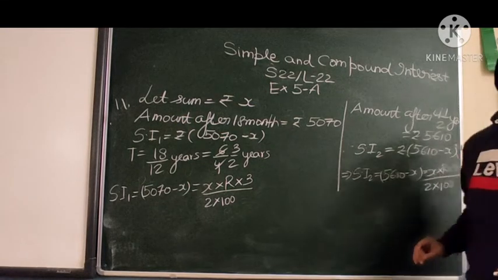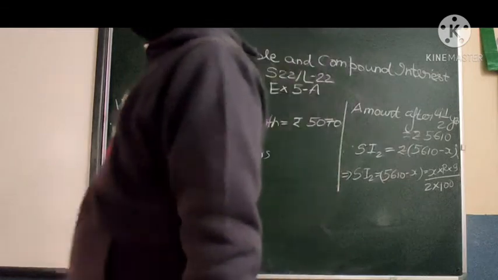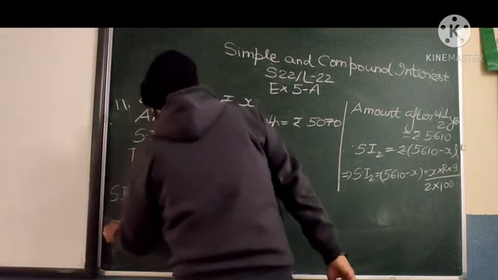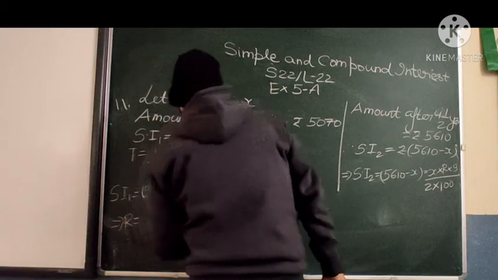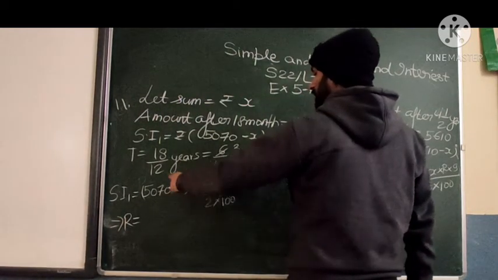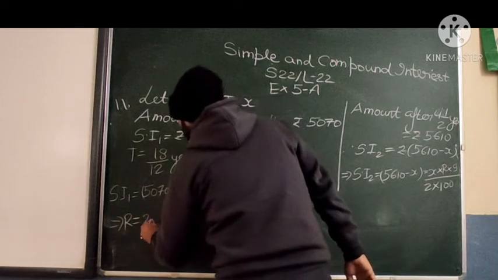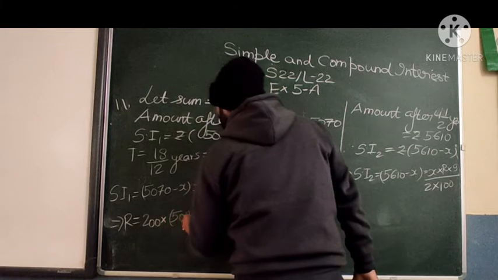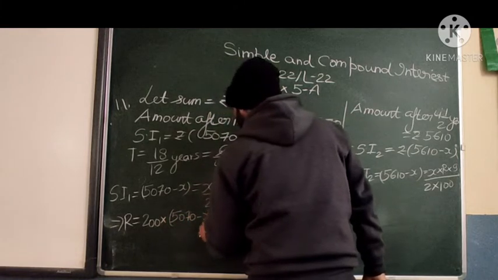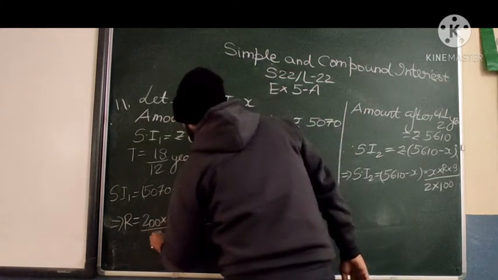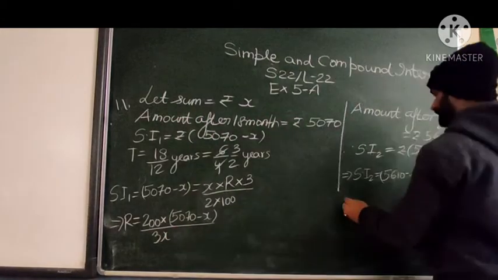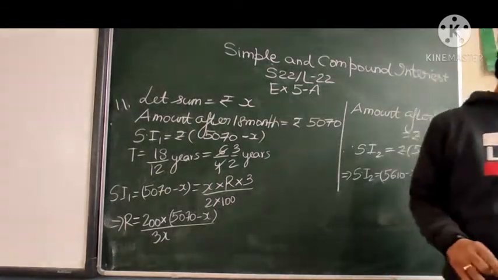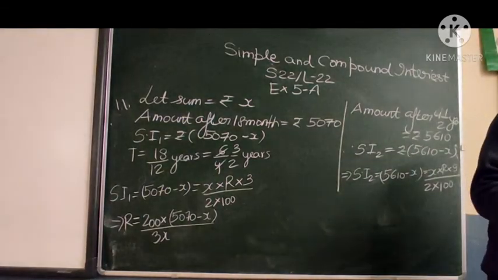Now see, since the rate is equal in both the cases, can we get the value of rate from both of them and equate it? Certainly we can. This implies that R is equal to 200 into 5070 minus X upon 3X. And here you can write one more thing.